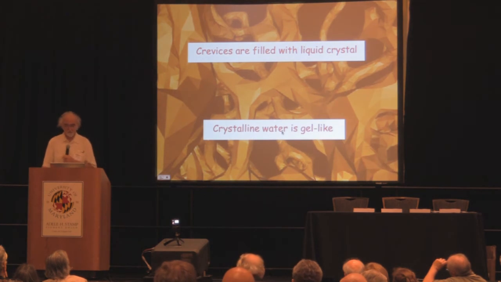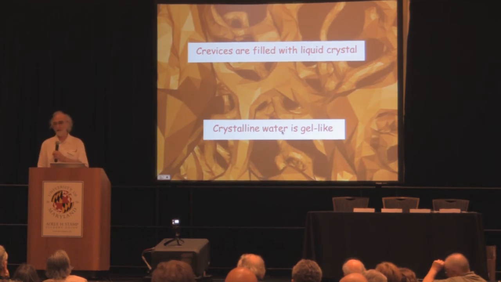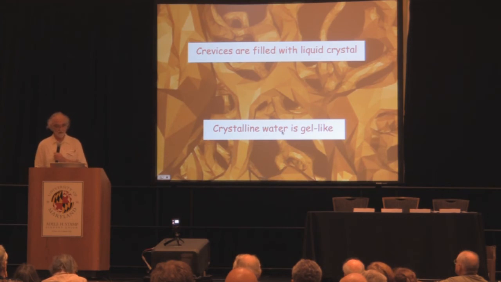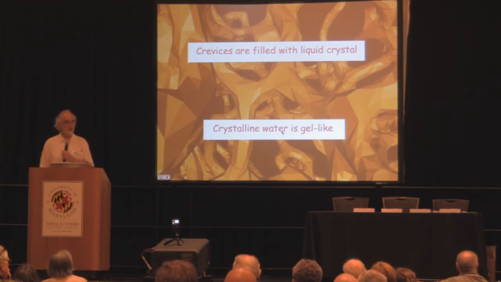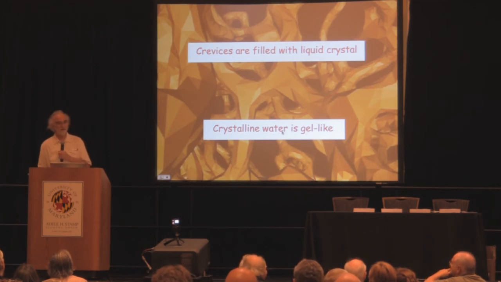And if you think about why your Jell-O is like a gel, most people studying polymer networks think about the viscoelastic properties of those networks and so on. But the water is gel-like. This kind of property that we've been talking about, this liquid crystal property, should act very much like a gel. So the reason that your Jell-O feels like a gel is probably because of the water.